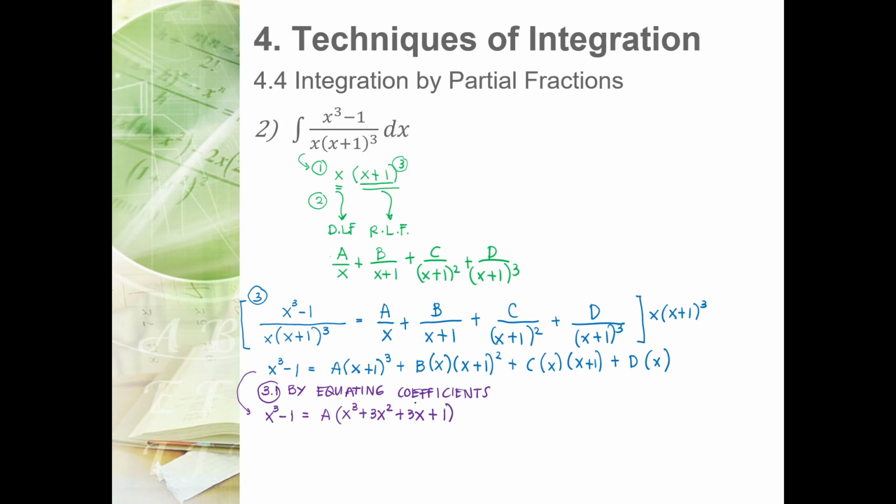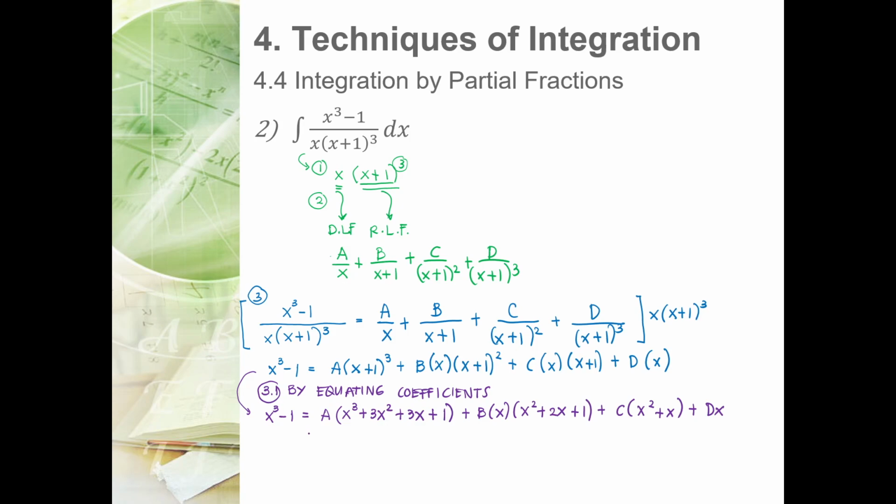So that's a shortcut. Then next you have B times (x squared plus 2x plus 1), then plus C times (x squared plus x), then lastly just Dx.